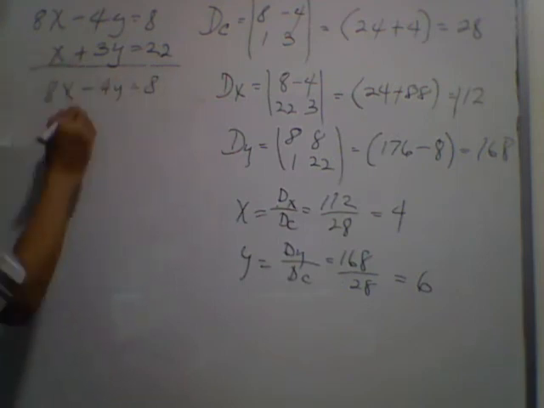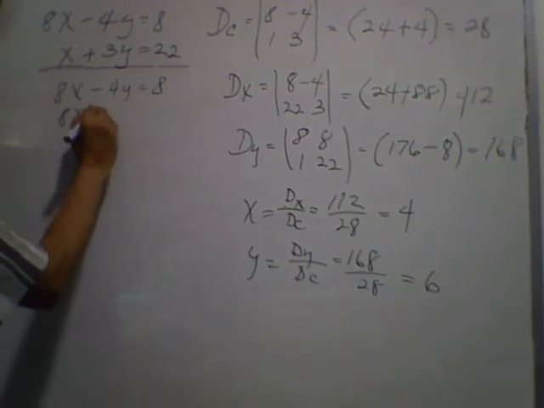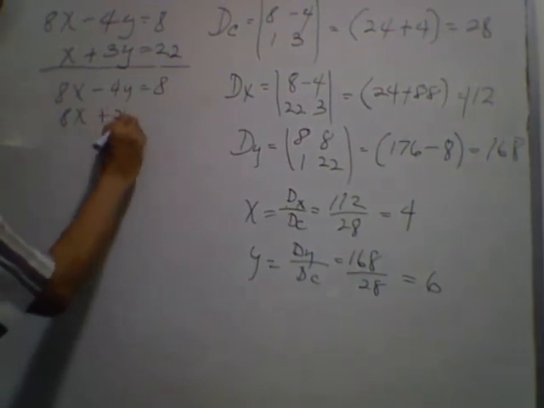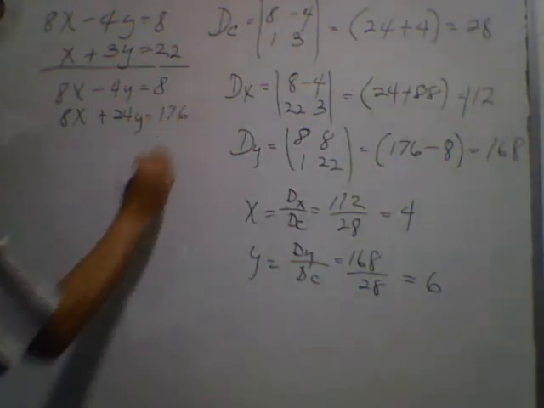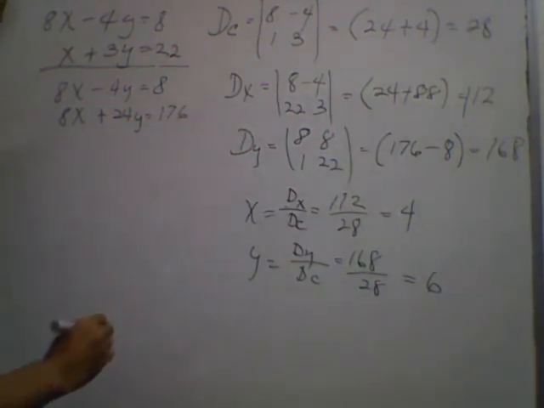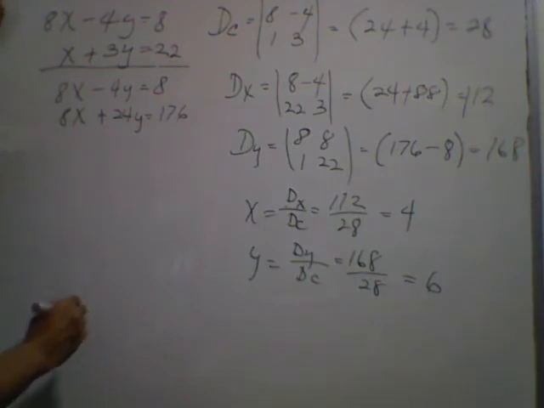Multiply equation 2 by 8, so we have here 8x plus 24y is equal to 176. So we subtract.